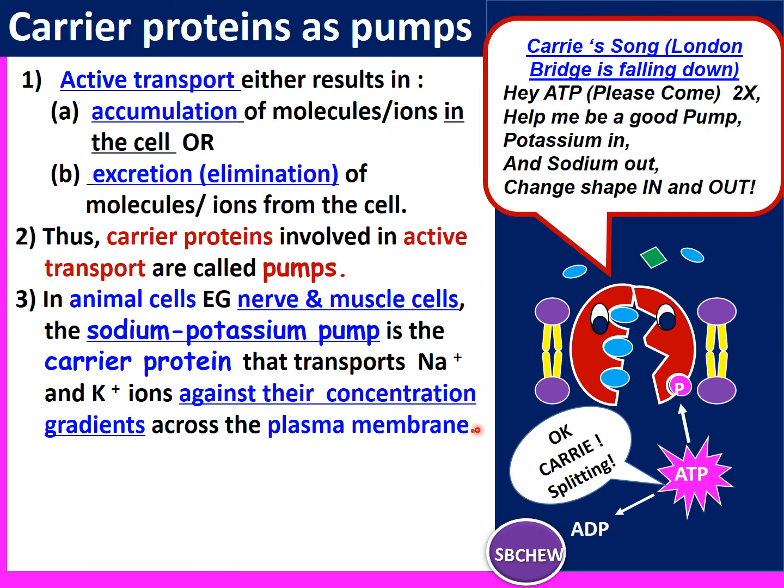As you can see in this picture here, this carrier protein is the sodium potassium pump. On one side, it binds with sodium ions and transports them out of the cell. It pumps the sodium ions out of the cell against the concentration gradient, and on this side, it binds with potassium ions and brings them into the cell. So it accumulates the potassium ions, but it eliminates the sodium ions.